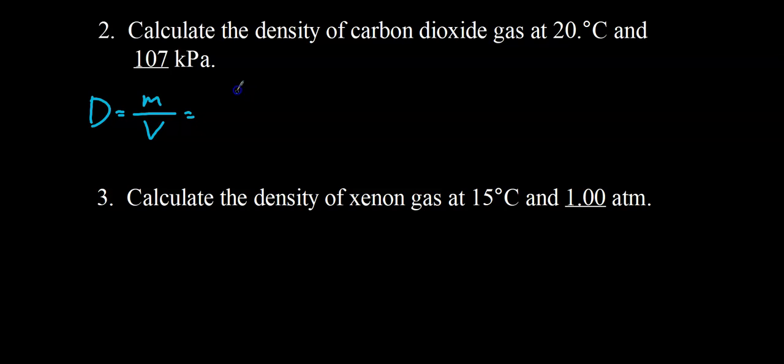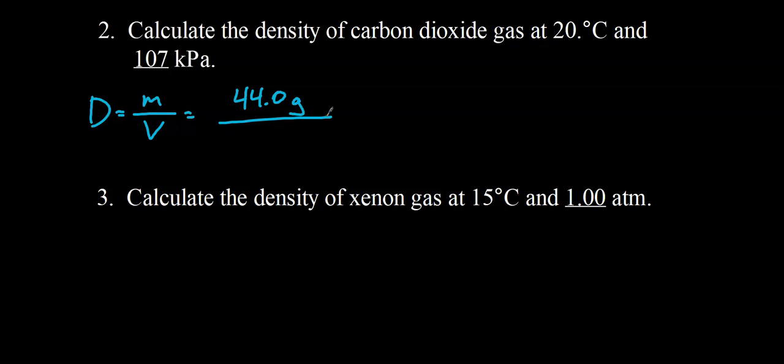So 1 mole of carbon dioxide gas has a mass of 44 grams. How about volume? What is the volume of 1 mole of carbon dioxide gas at 20 degrees Celsius and 107 kilopascals? There's actually a couple different ways we can do this.